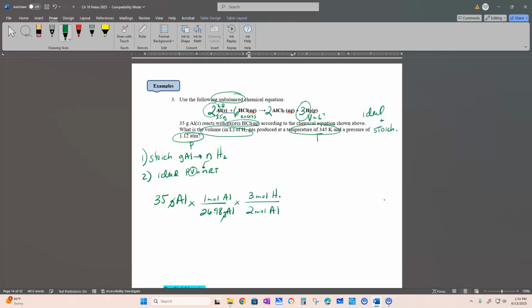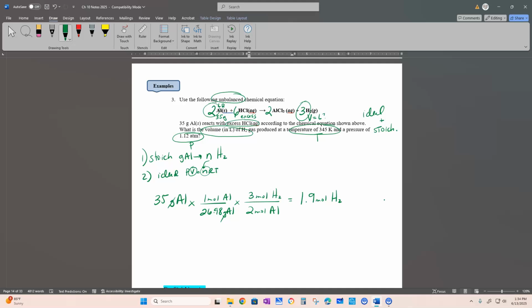Now, I don't want to go to grams, because the ideal gas equation needs moles. I don't want grams. So I'm going to stop right there. So let's plug in 35 times 3, divide by 26.98, and then divide by 2. So it looks like, 2 sig figs, 1.9 moles of hydrogen.